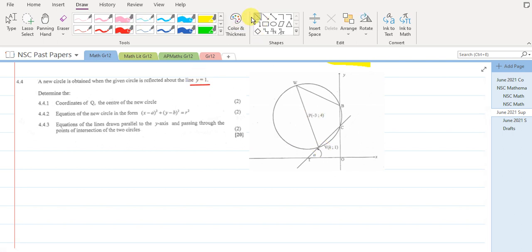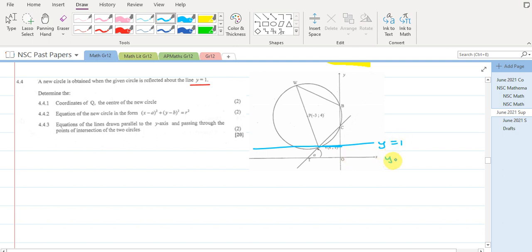So where's this point y is equal to 1? Let's see. We can see this point over here, y is equal to 1, is right here. Right, so the line y is equal to 1. If you're looking at the x-axis, that's the line y is equal to 0. Now you are reflecting this point, so we're trying to find this point P, which is the center of the new circle.